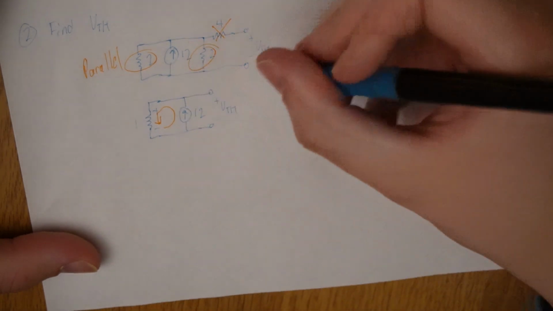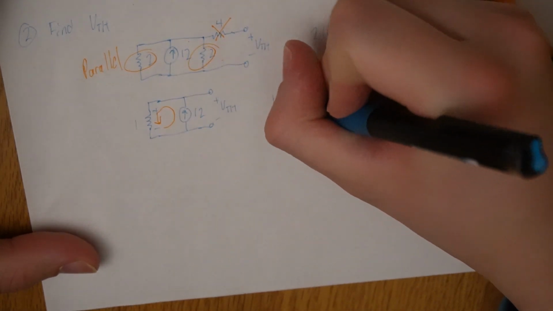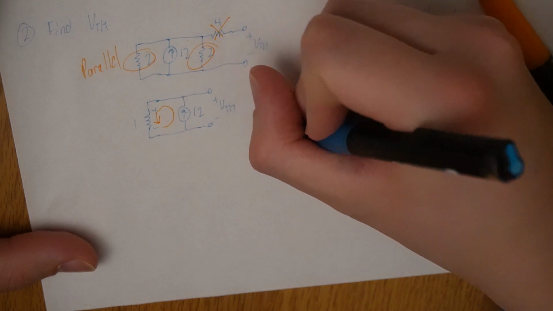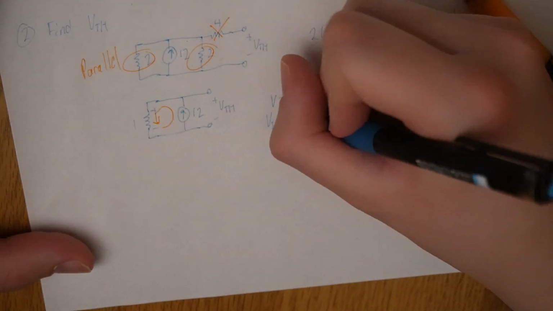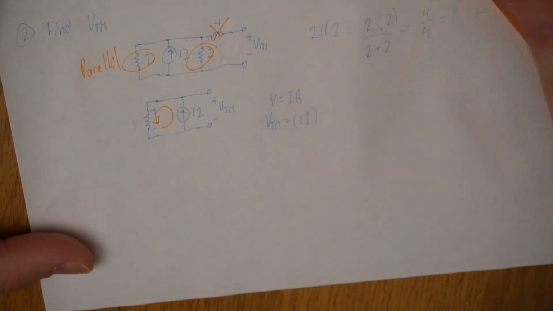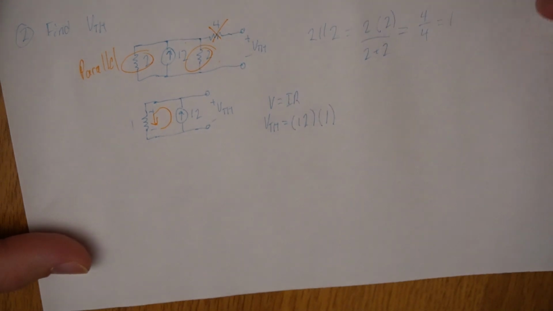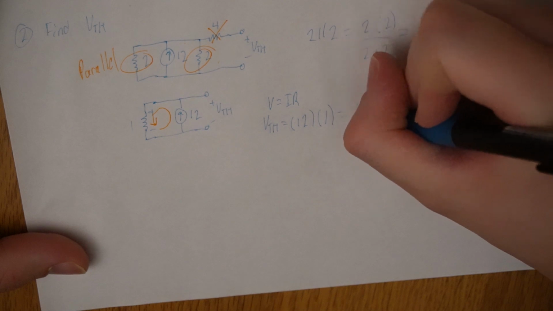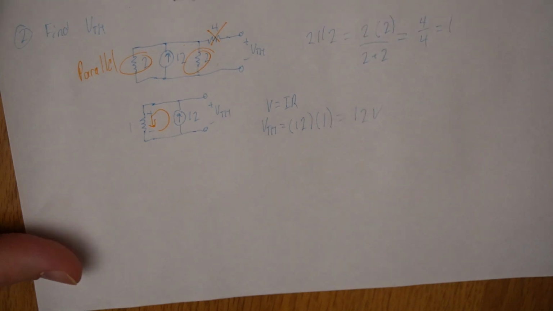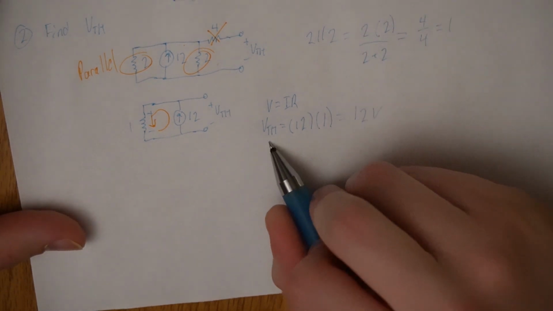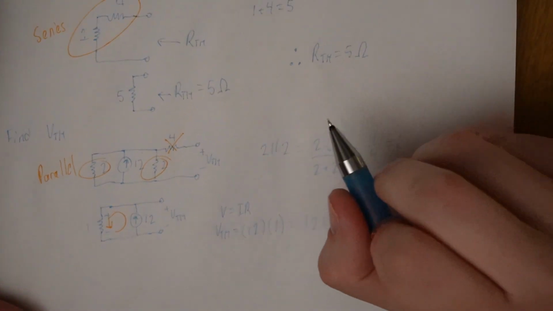Remembering from Ohm's law, V equals IR. VTH is equal to the 12 amp current source times the 1 ohm resistor, equals 12 volts. So we found VTH and we found RTH.